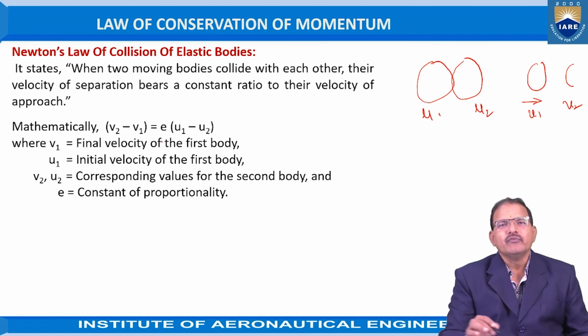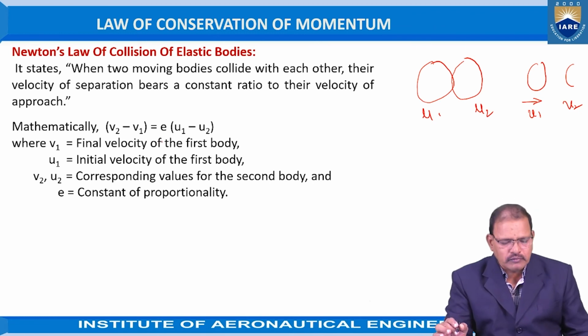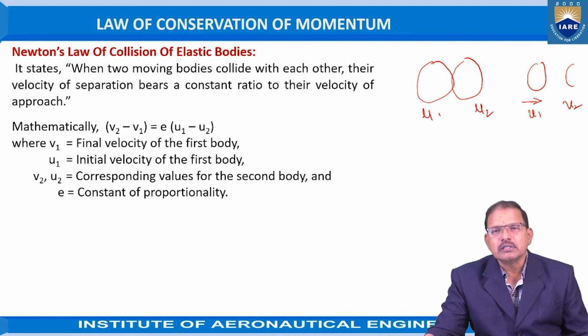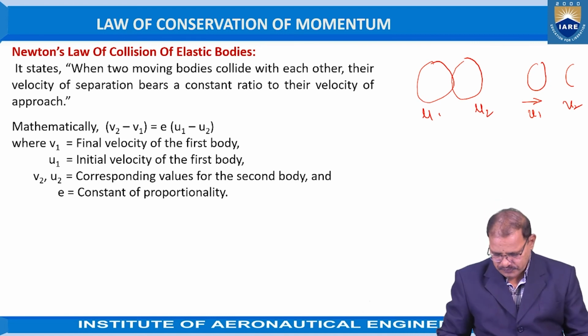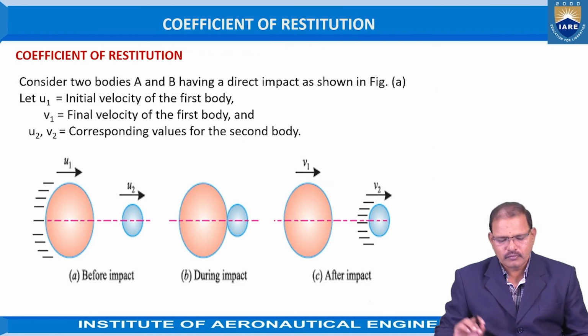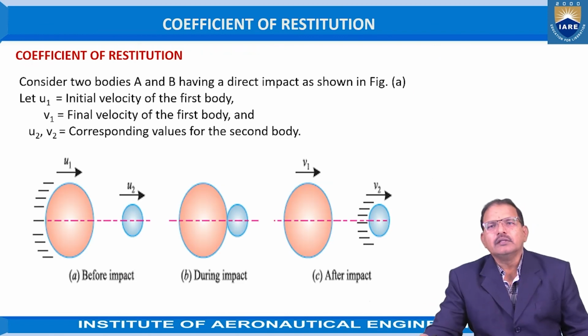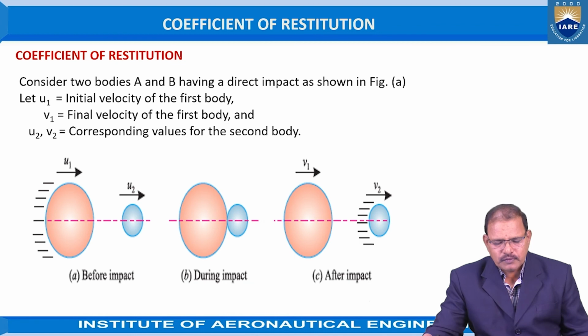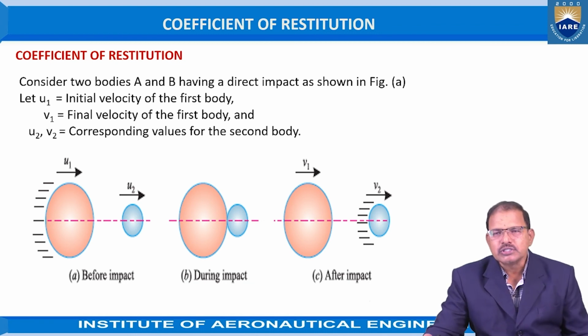That means v2 minus v1, the velocity of separation, is equal to e into u1 minus u2, the velocity of approach, where e is the constant of proportionality. This constant of proportionality is also called the coefficient of restitution.